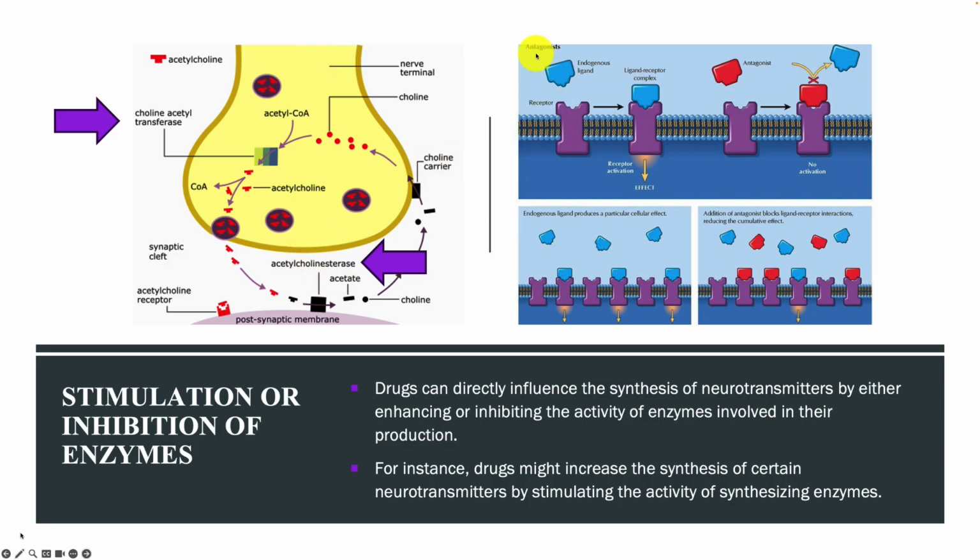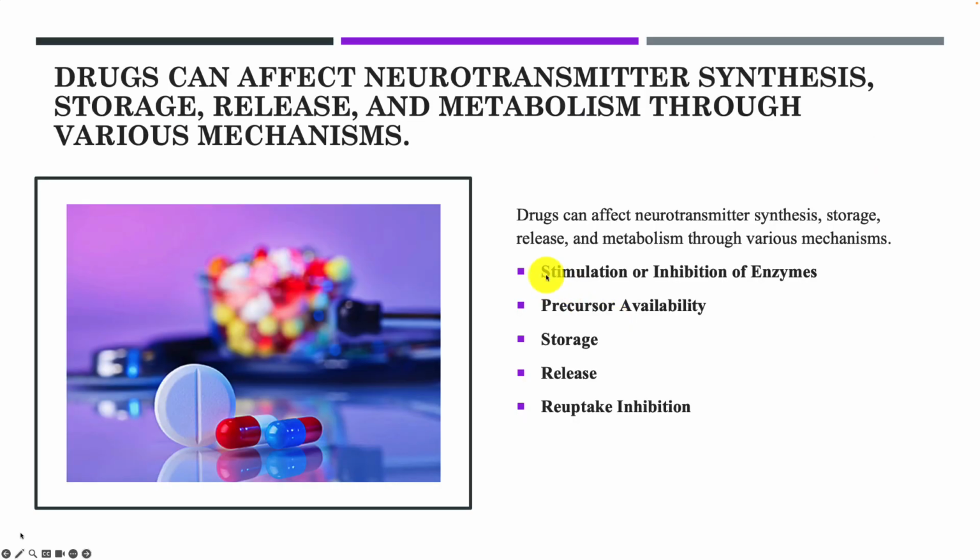Again, we have antagonists and agonists that will increase or slow down the action of these enzymes. That is one of the first ways we can use drugs to target enzymes, by stimulating or inhibiting.